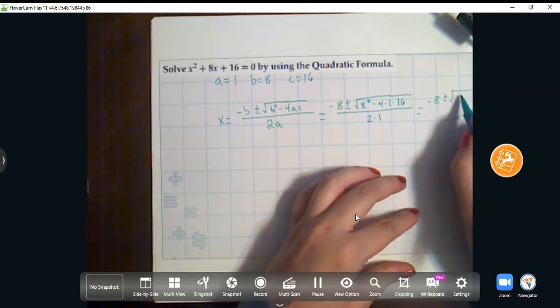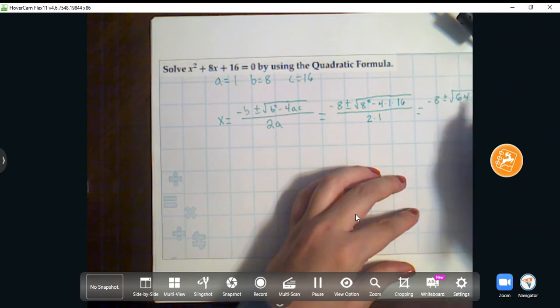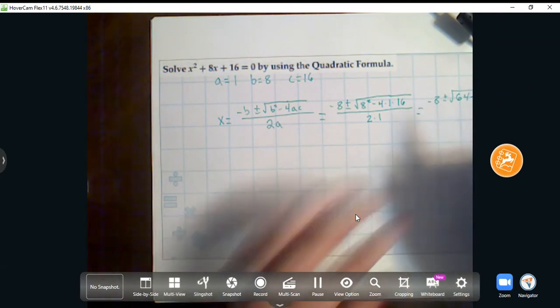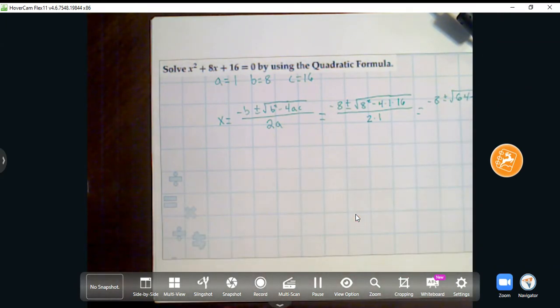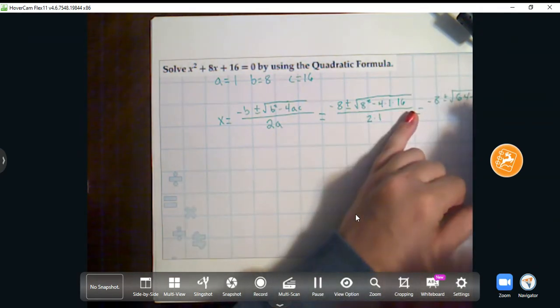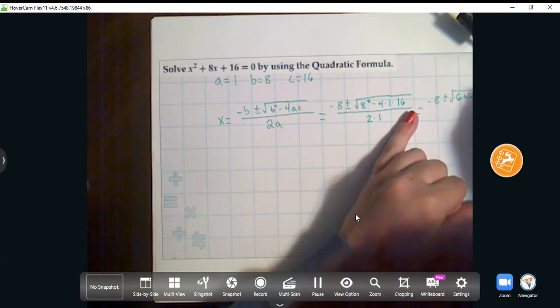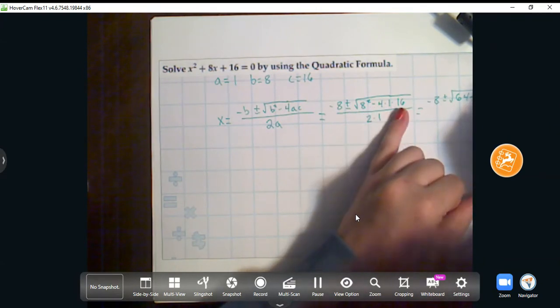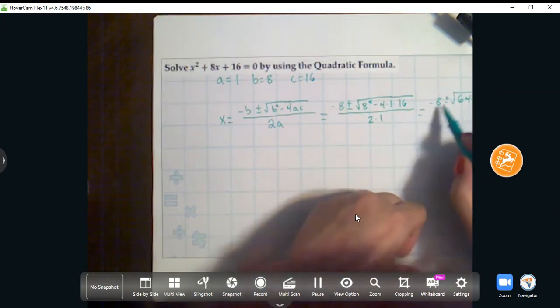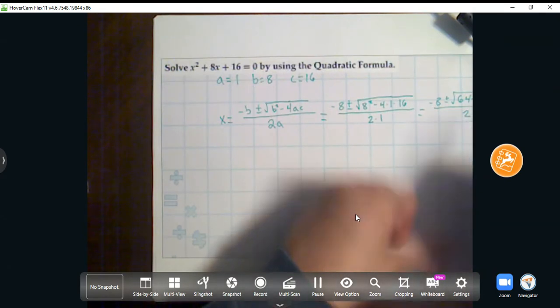This time we're going to have 64 minus 4 times 1 gives us 4. 4 times 16, 4 times 6 gives us 24. 4 times 1 gives us 4, plus that 2 gives us 64, divided by 2.